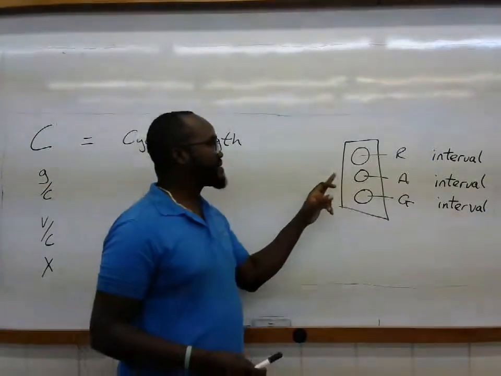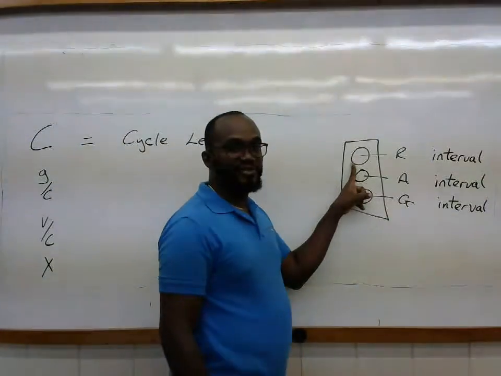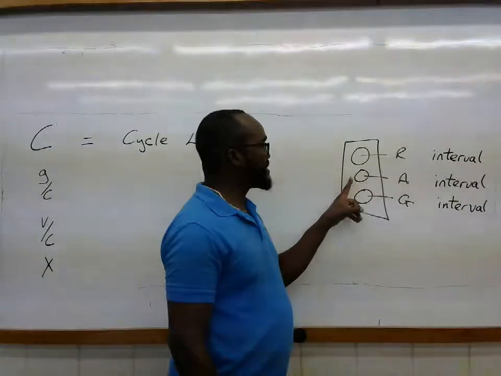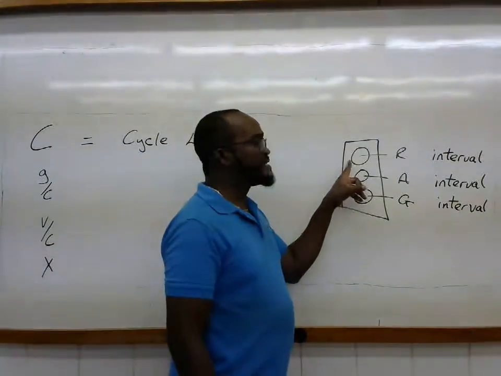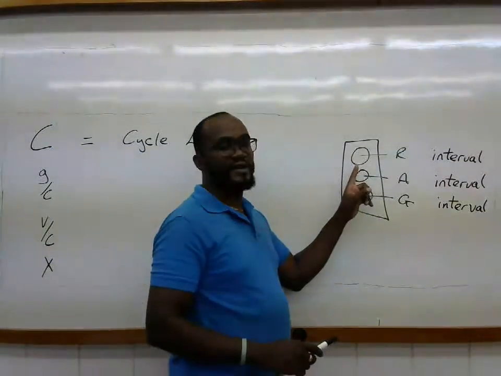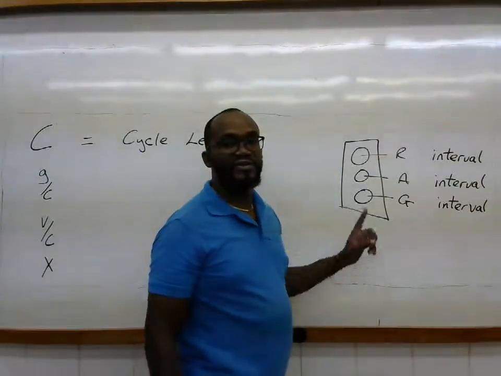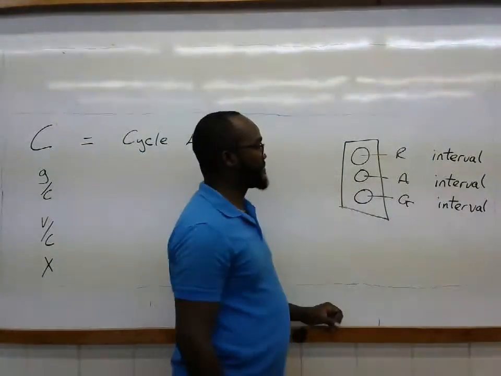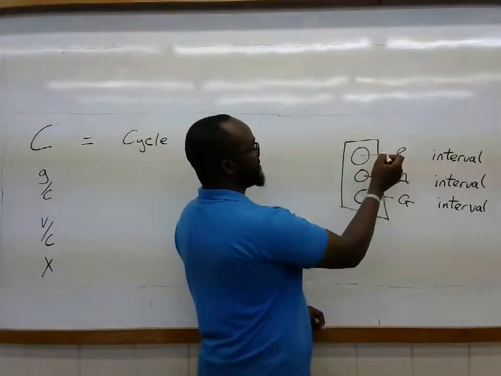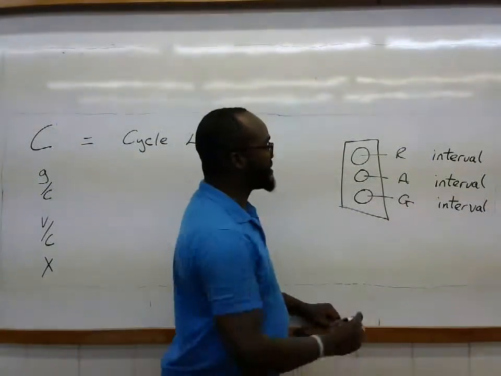So the cycle length, just to be clear, would be the time from the initial red showing plus the green plus the amber and back to the initial red showing. So the time it takes to go from red to red. So beginning of red to green to amber to beginning of red is your cycle length. So the red interval will have a particular time. The green interval also has a particular time.